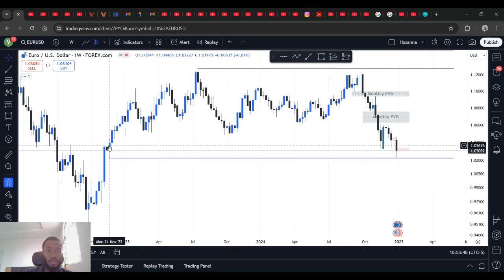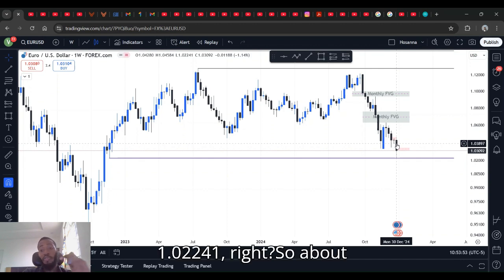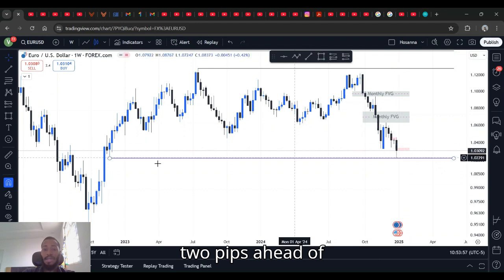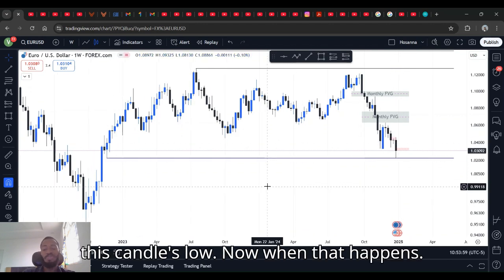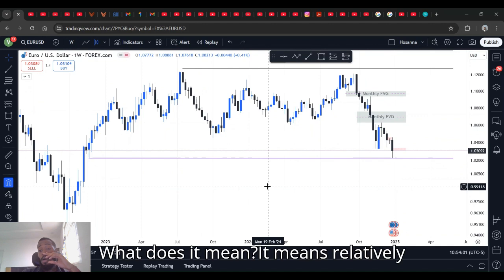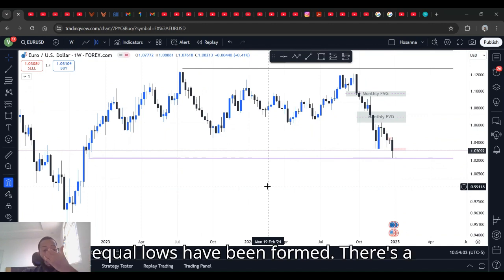This candle's low is 1.02227, and this candle's low is 1.02241, right? So about 2 pips ahead of this candle's low. Now, when that happens, what does it mean? It means relatively equal lows are formed.